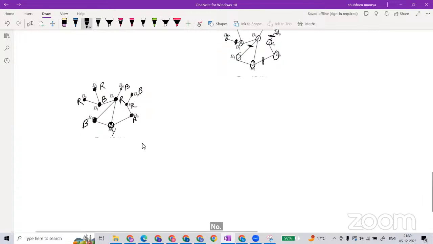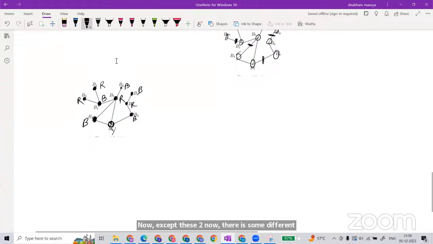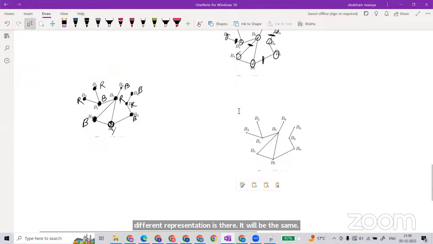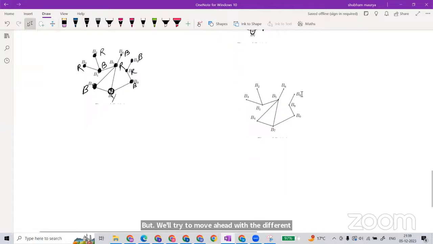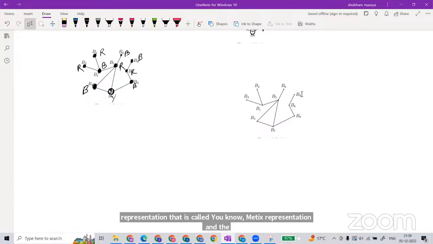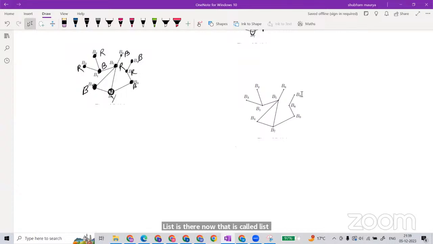Now there are different representations of the same graph. We will move ahead with the matrix representation and the list representation. Is the list name the same or different?